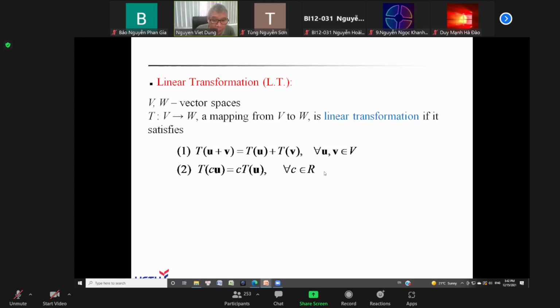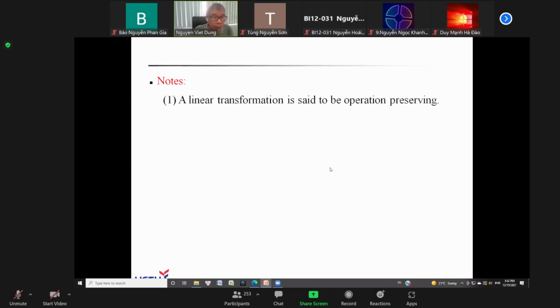Here, c is any number, and the first equality holds for any vectors u and v inside the domain. Usually people say that a linear transformation preserves the operations of a vector space.